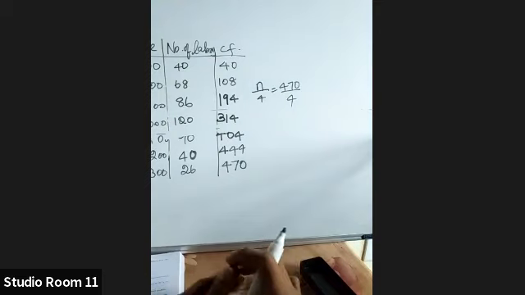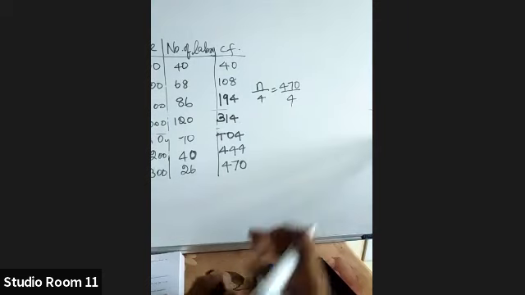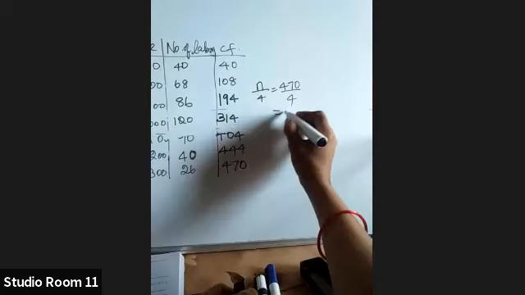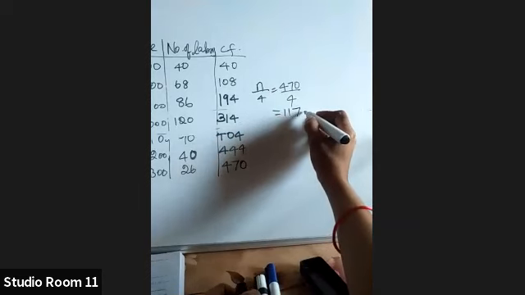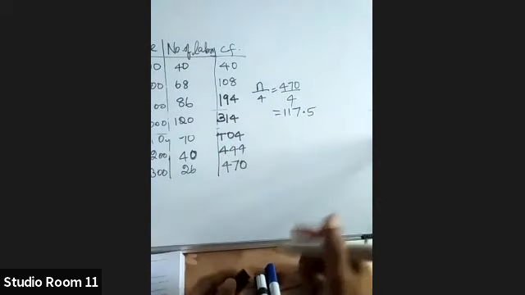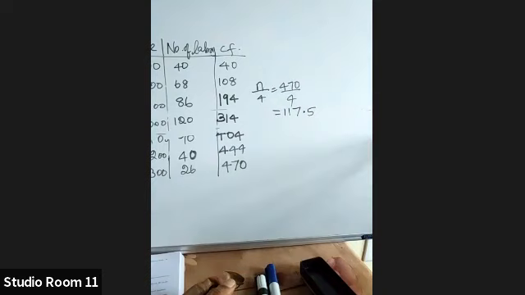470 by 4 is 117.5. Now find out where this 117.5 will lie.